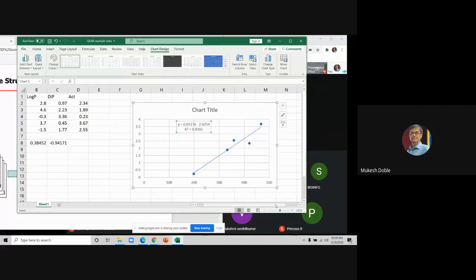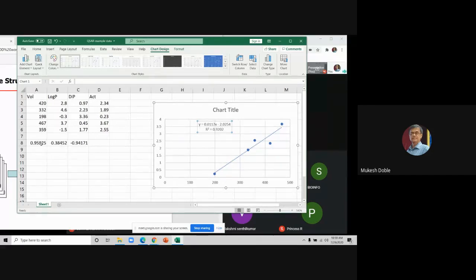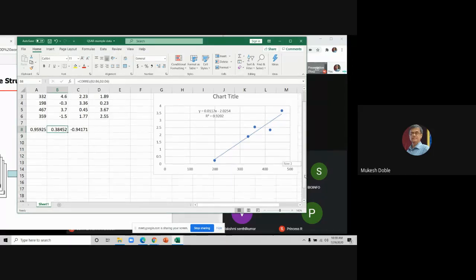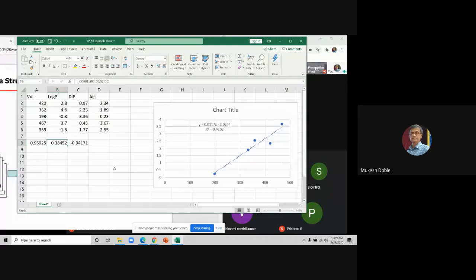Now because we already know it will be a good relation, because we got the correlation coefficient as 0.959. But this one won't be a good relation, because the correlation coefficient is not very good. But we can also see that, no problem.